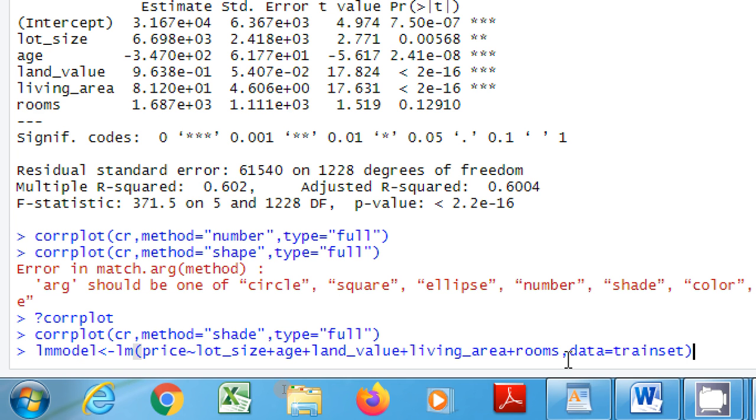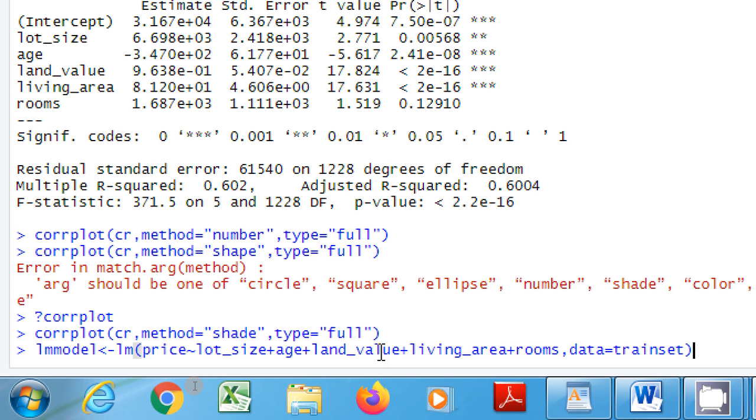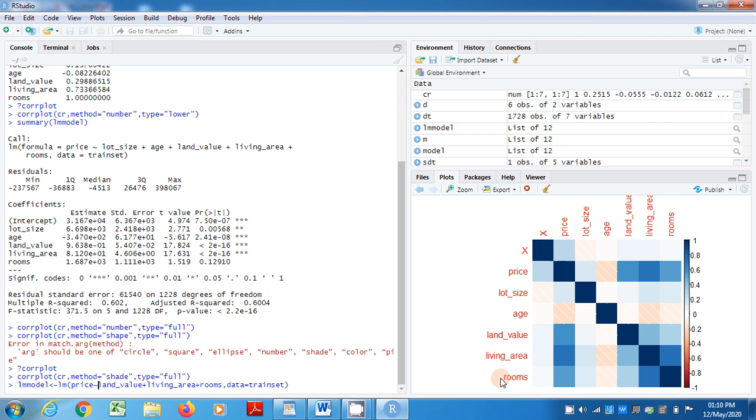So land value, living area, number of rooms are affecting. Lot size, I'm deleting this lot size. According to the correlation factor, lot size is not affecting, right? So we will see one more time. Lot size is not giving any effect, and age is also not giving any effect, right? So age is giving negative. So we will remove that age also. Actually in our data set there is no age. Yes, right, good thing.